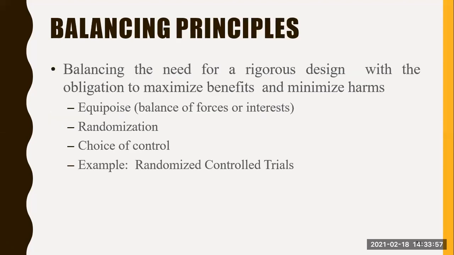The next is balancing the principles. So how to balance all those principles while carrying out the clinical trials? Balancing the need for a rigorous design with the obligation to maximize benefit and minimize the harms. Basically, whatever principles the clinical trials need to follow, we have to balance. Why do we have to balance? Because we need to maximize the benefits associated with the treatment, and we also have to minimize the risk.